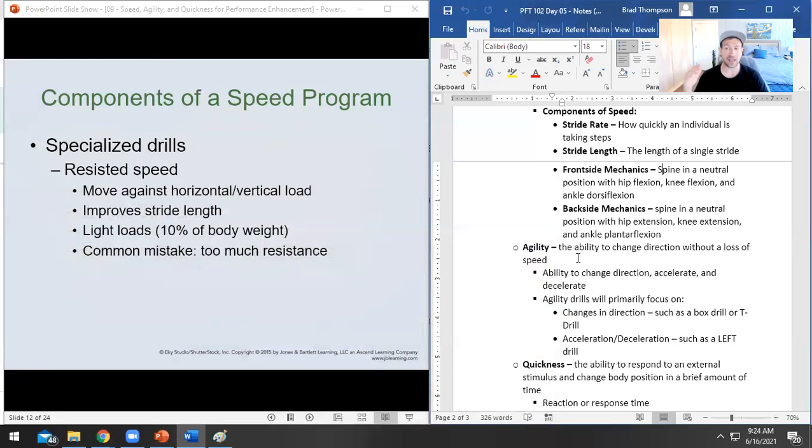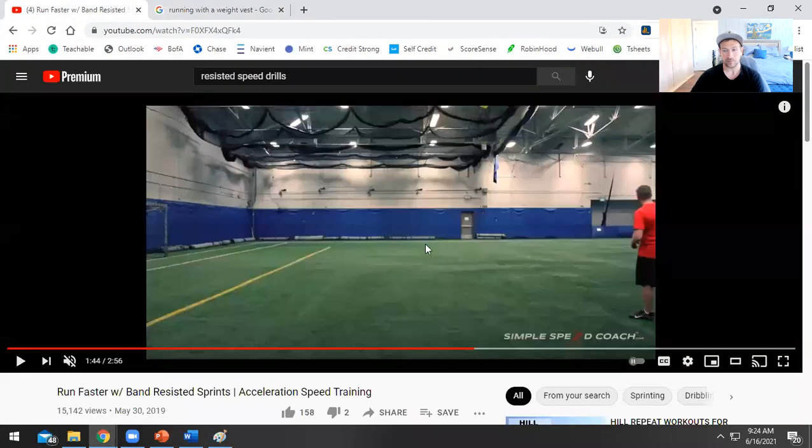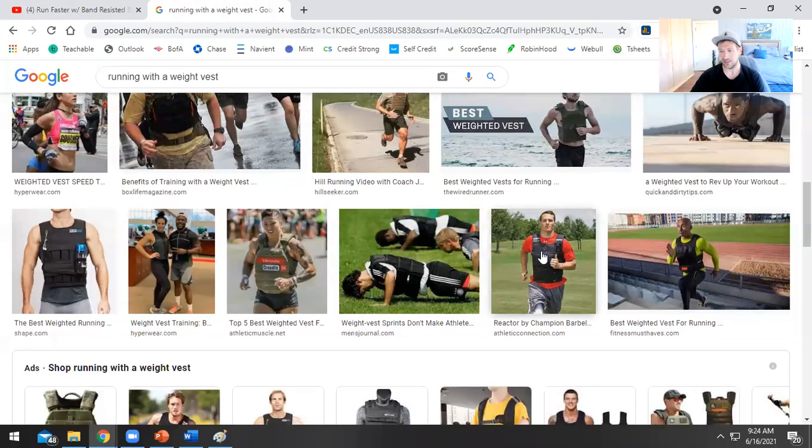Well, when you look at running with a weight vest, you've got to remember that the weight vest is being pulled by gravity 90 degrees straight down, right? So it's being pulled just by gravity. And again, I said running is at a slight angle. So you want your resistance to be applied at an angle similar to your run, which is actually why running against a resistance band like this would improve your speed way better than running with a weight vest like this.